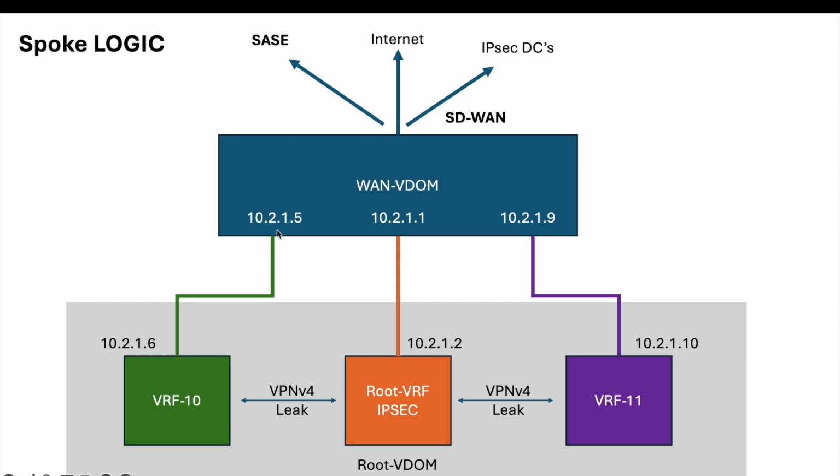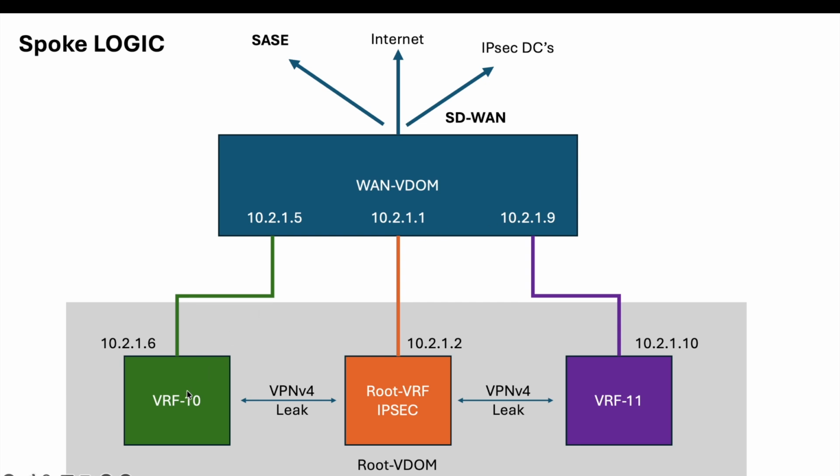Now, yes, they do share an environment up here, but remember the FortiGate is first and foremost a firewall, and traffic cannot flow between interfaces on a firewall unless you specifically allow that traffic via a policy. So by default, all these interfaces are segmented.